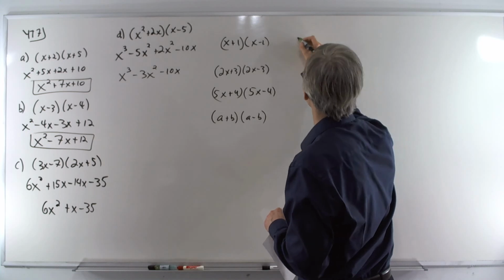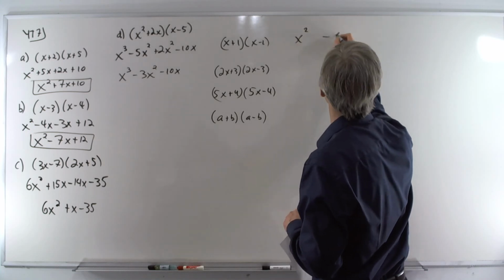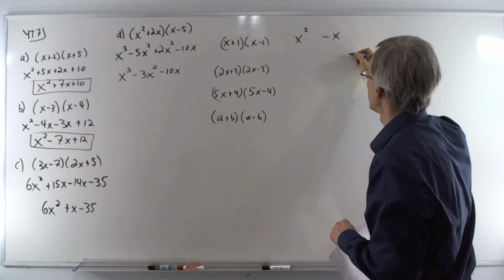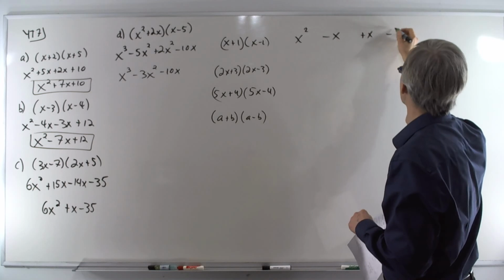First one, F is x squared. Outside, negative x. Inside, plus x.